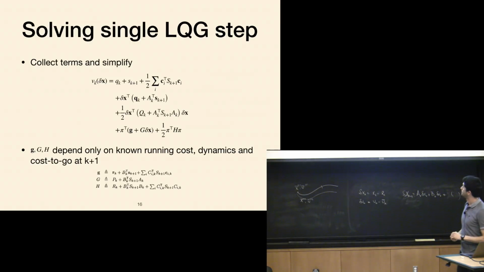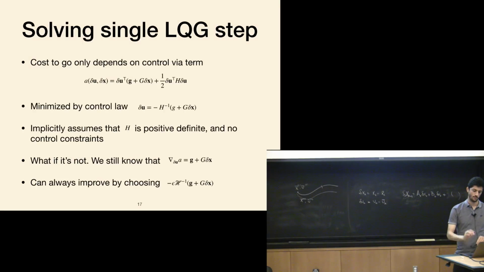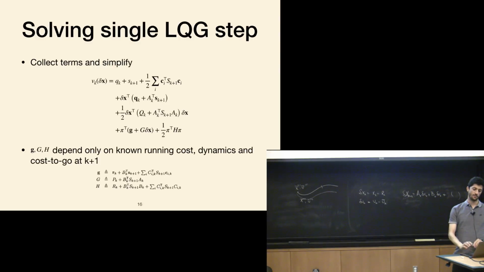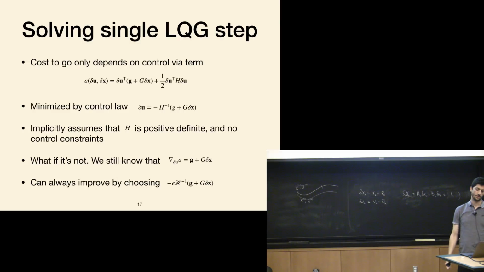Okay, so now let's minimize this with respect to pi to figure out what our optimal control is. So here, in terms of minimizing the cost to go, I only care about the terms that have pi in them. So let's just ignore everything else. That's what you see here at the top. So the cost to go only depends on the control term via this expression, right?